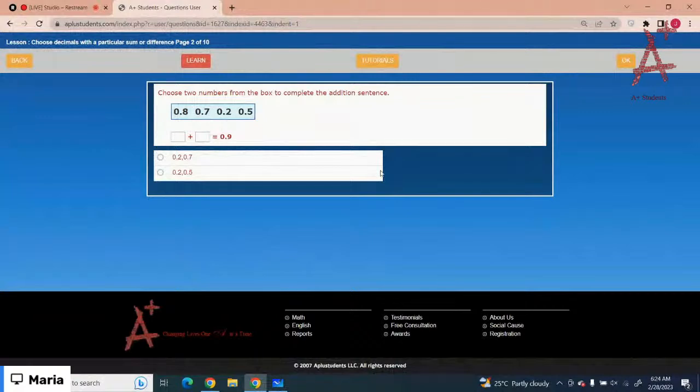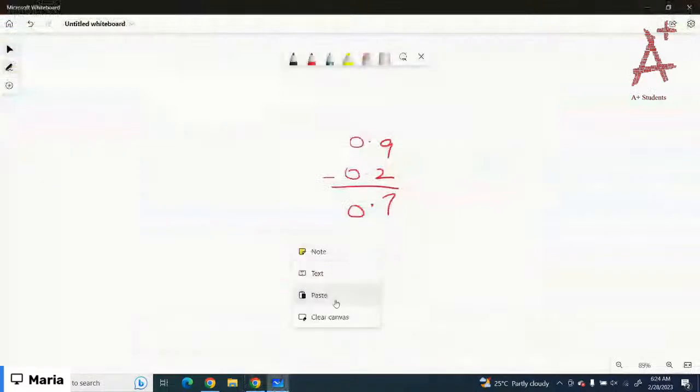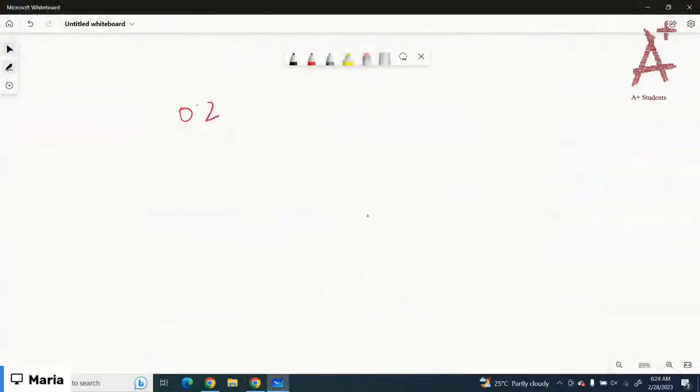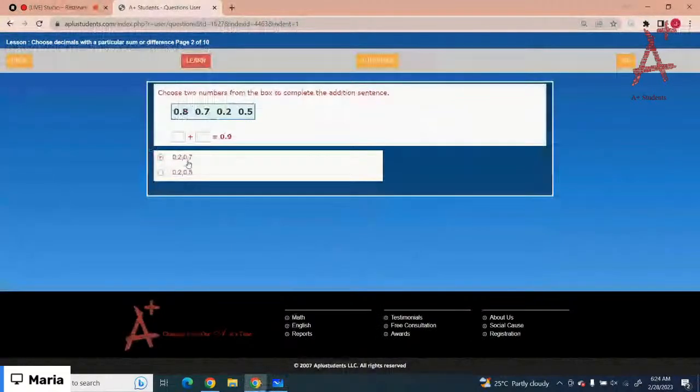Let's check the first option, 0.2 plus 0.7. So it would be 7 and 2 is 9, so it would be 0.9. Got it? That means option number 1 is the correct option because it makes 0.9. Got it, everyone?